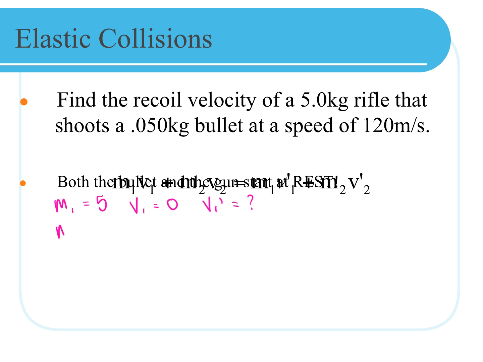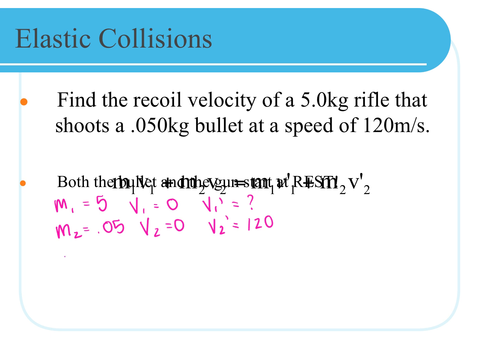So M2 is 0.05. V2, what's our initial velocity of the bullet? 0. And what about V2 prime? What's that equal to? 120. Okay. So we've got our information, and that's kind of how I would recommend laying it out, giving each object its own entity and own space, but I'm going to let you decide on those. That's fine. And then we're just going to put it into our equation.